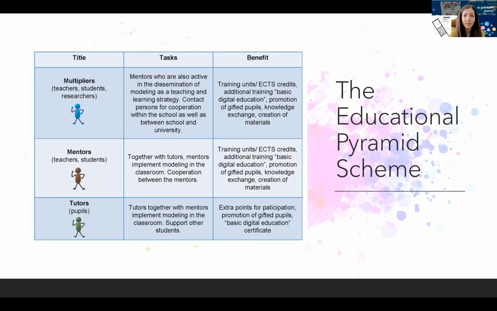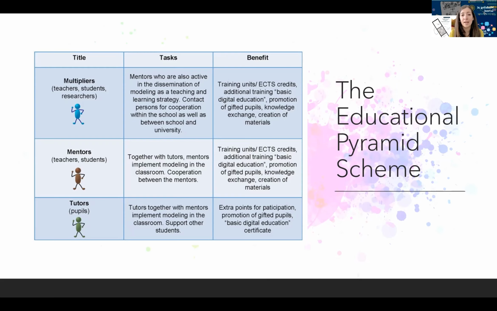Then the second level is the mentors, and they closely collaborate with the teachers and implement this new innovation immediately in their subjects. The mentors support the tutors, and the tutors should develop their own workshops or teaching material, and they should train their classmates with the support of the mentors.